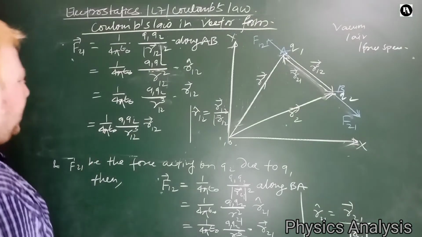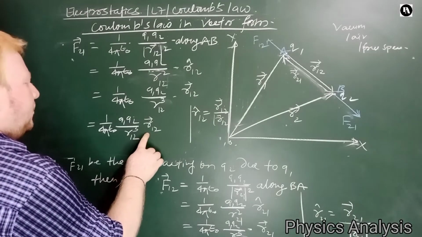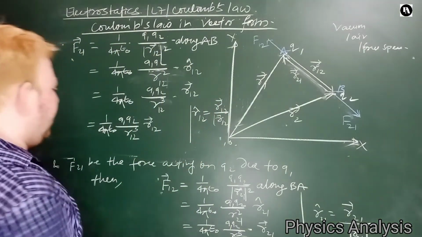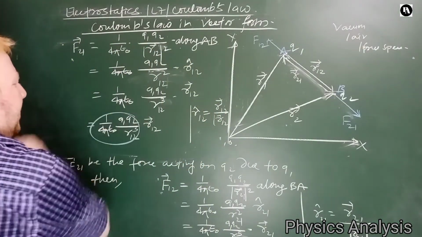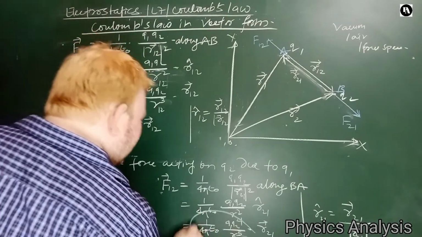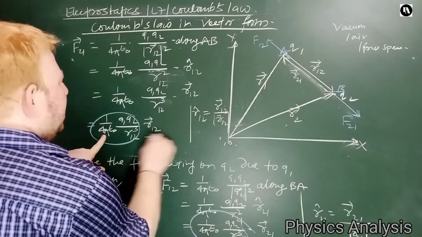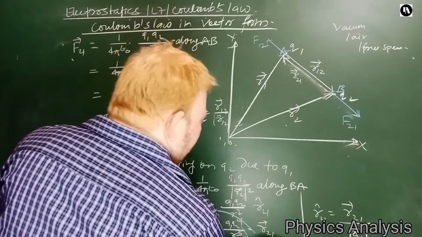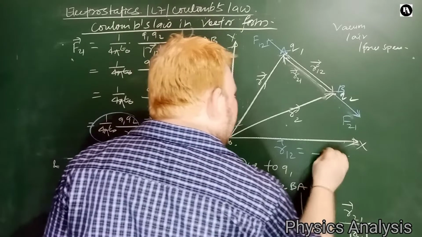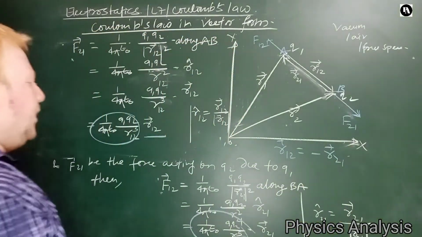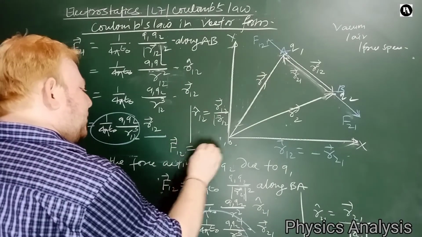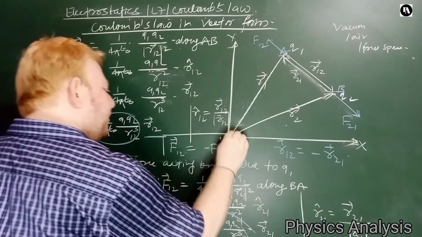Now one thing is very common. Listen, here it is R12 and here it is R21. Rest everything is same. See, 1 by 4 pi epsilon naught Q1 into Q2 by R12 or R21, no matter. Actually this is magnitude only. So these two are same. Only the thing is R12 and here it is R21. R12 of course is equal to minus of R21. So the final conclusion, F12 is equal to minus of F21.